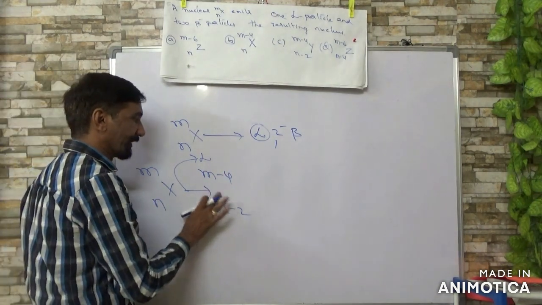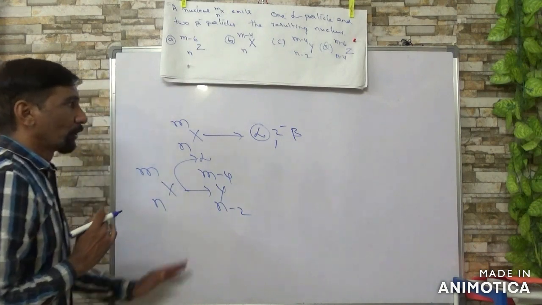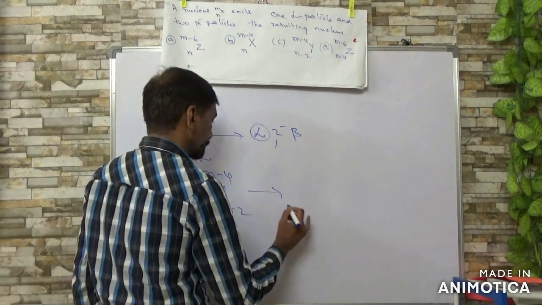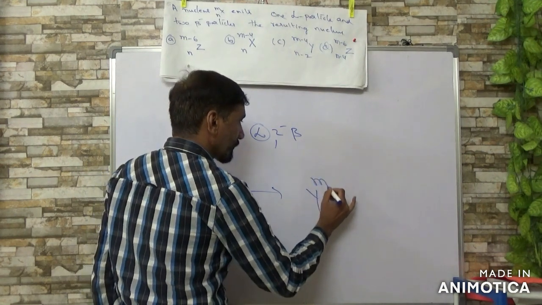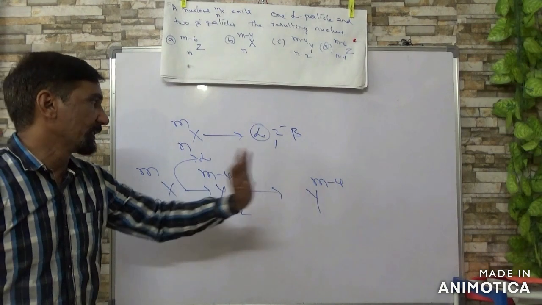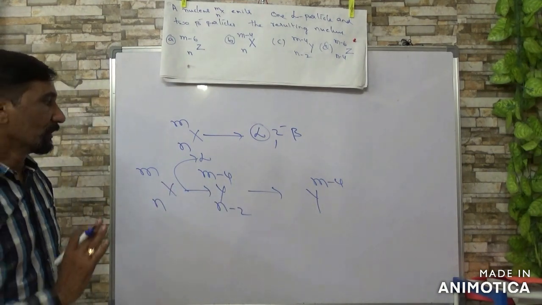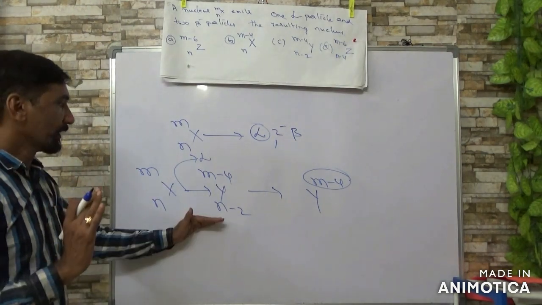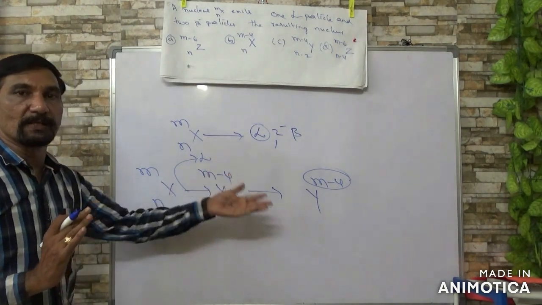Okay, some other element, say Y. Followed by it they are saying 2 beta decays. Whenever a beta decay takes place, remember, mass wise no change, only number wise one is added or subtracted.